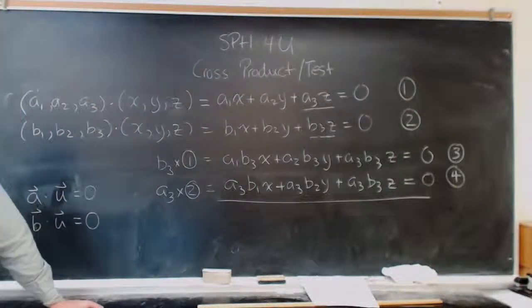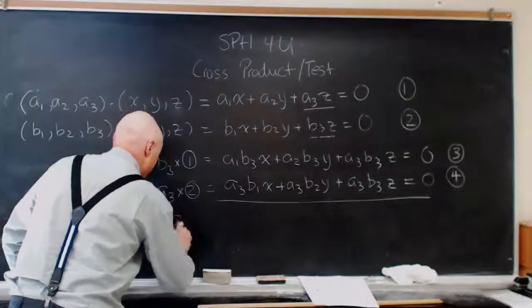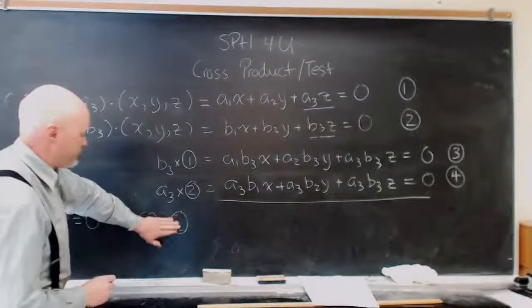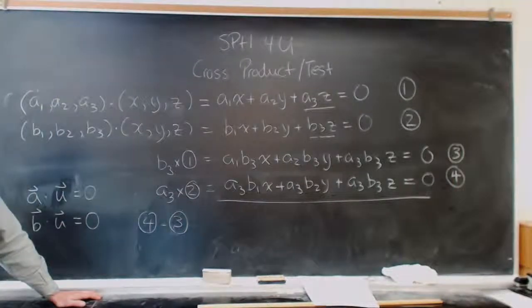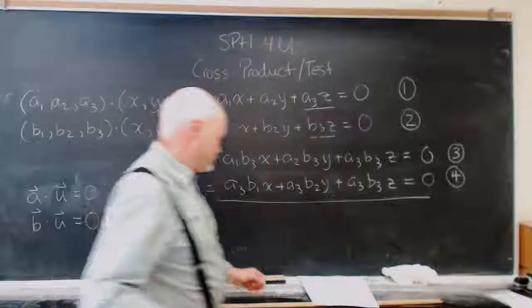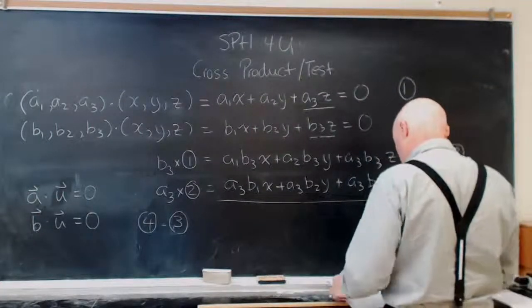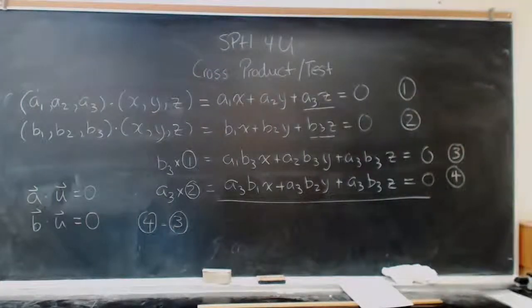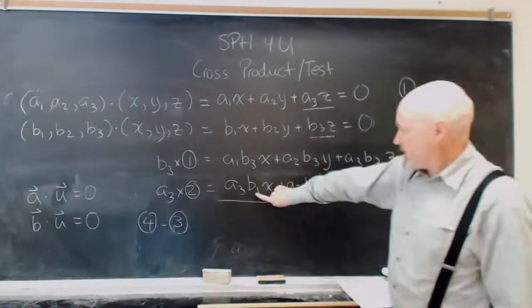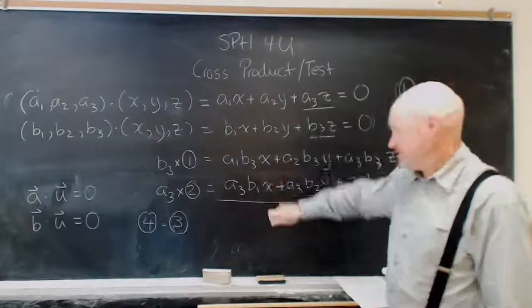So I'm actually going to take number 4, and I'm going to subtract number 3 from it. So I'm going to take a3b1x and subtract a1b3x.